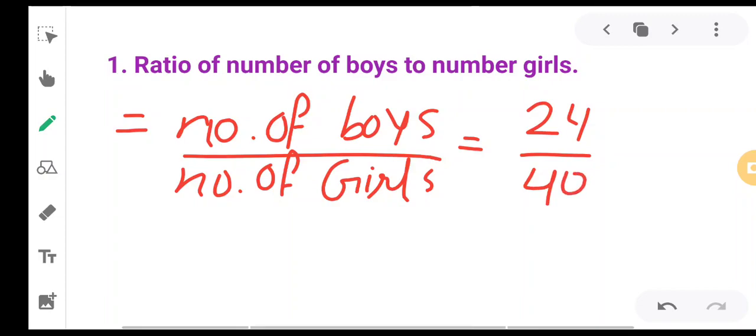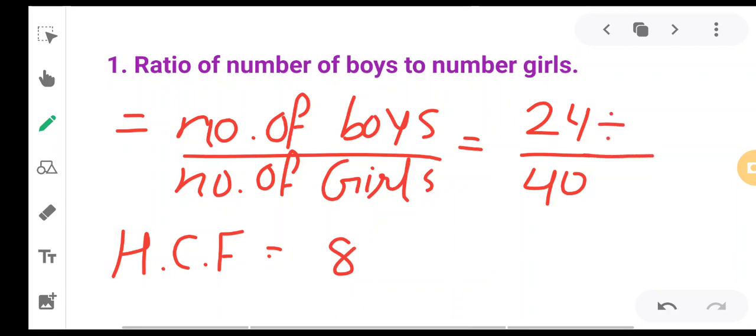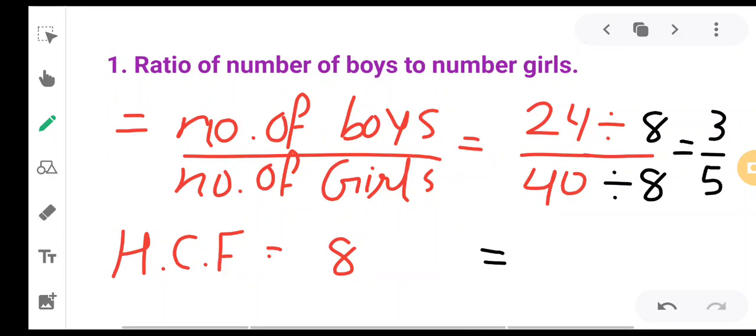Now students, there are two methods to solve this, and for that you can take the HCF and do the cutting normally. The HCF of 24 and 40 is 8. So 24 divided by 8 is 3, and 40 divided by 8 is 5.